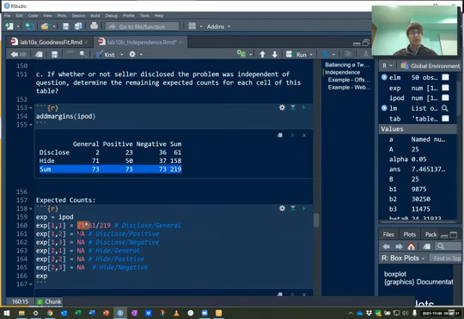For the first row, second column, it's 73 times the row total, 36, divided by 219. Oh no, 61, that's the row total.